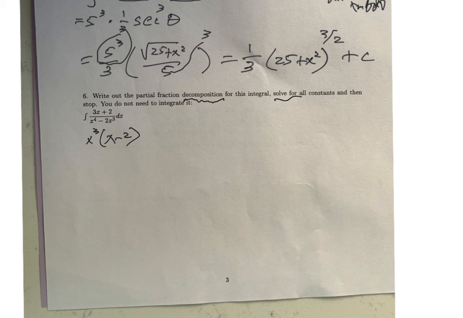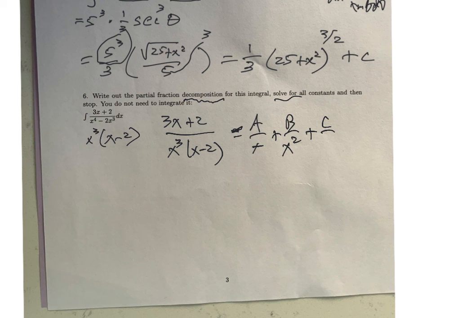So the decomposition is going to go like this. There's the original. And we're going to take A over x plus another constant over x squared plus another one over x cubed plus a fourth one over x minus 2.